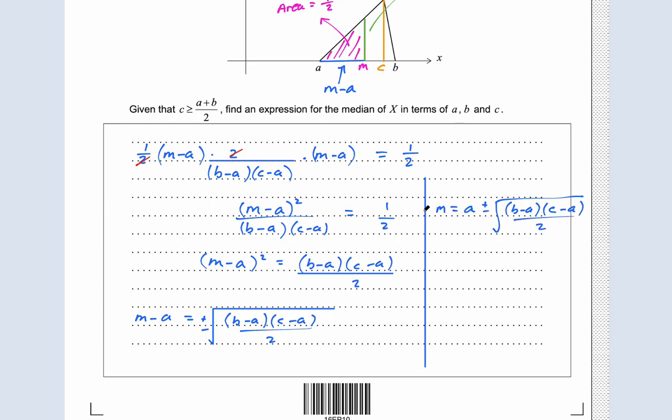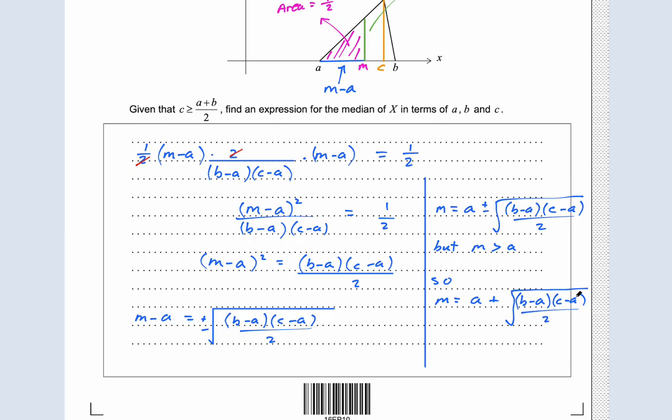But m is bigger than a, so m equals a plus this, because this is definitely a positive number, because b is bigger than a and c is bigger than a. So it's just a plus the square root of (b minus a)(c minus a) over 2. And that's it. That's the answer.